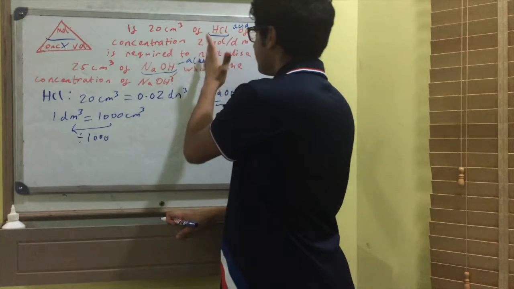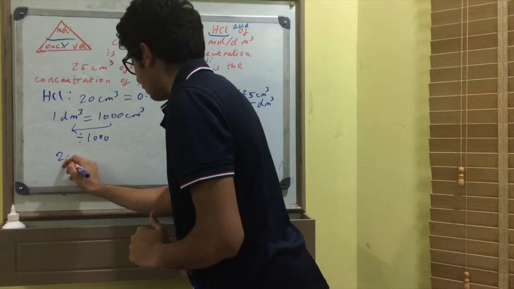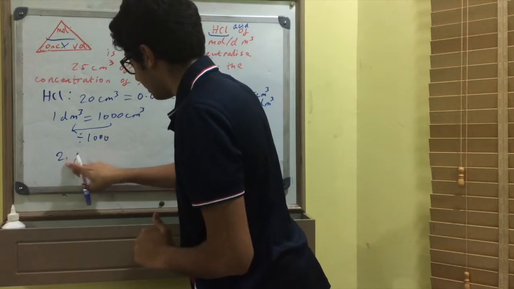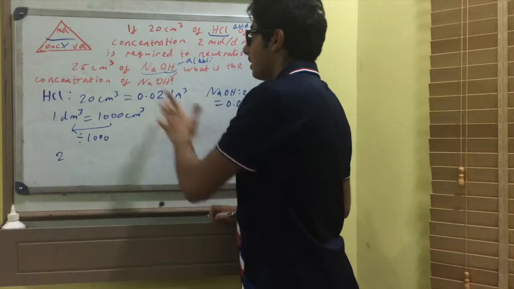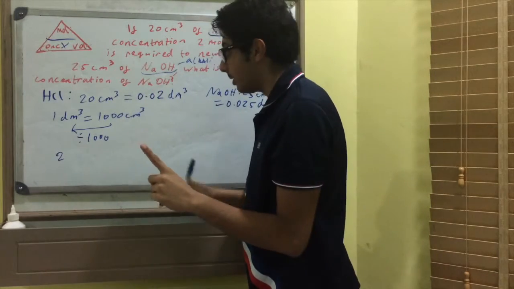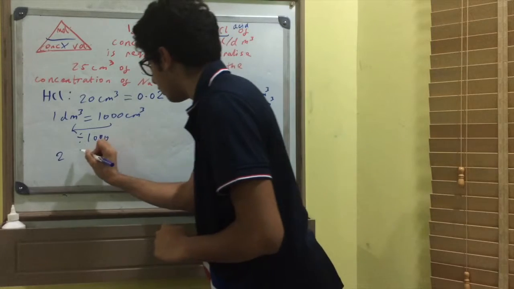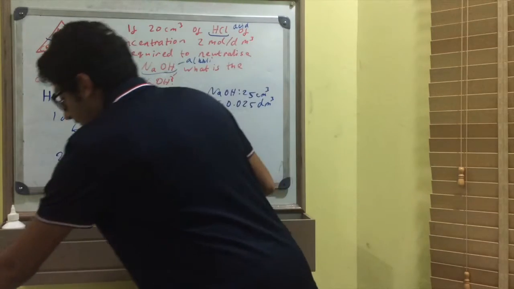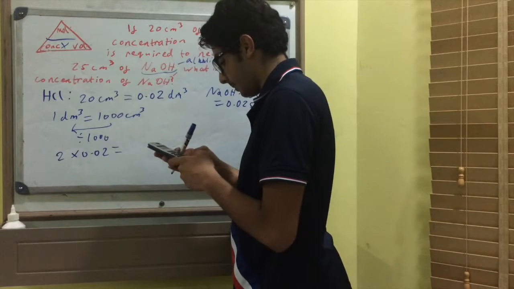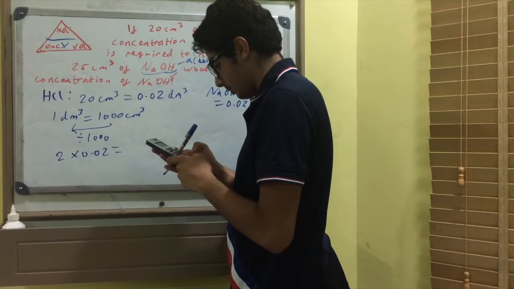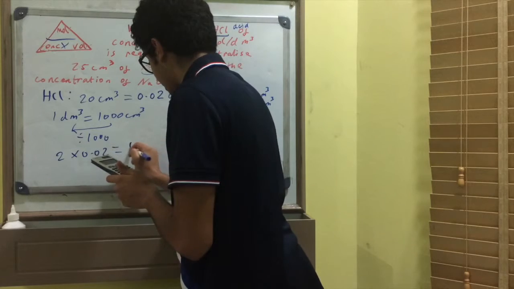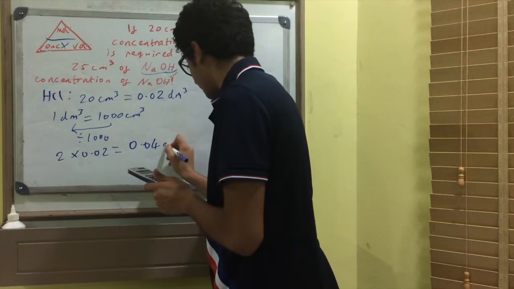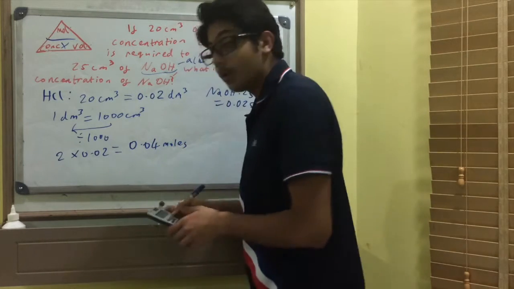So, what's the concentration of hydrochloric acid? 2 moles per decimeter cubed. Then, you multiply that by the volume in decimeters cubed. We have done that, we've converted it. So 2 multiplied by 0.02 is going to give you 0.04 moles.